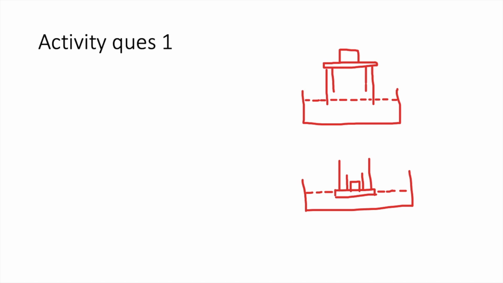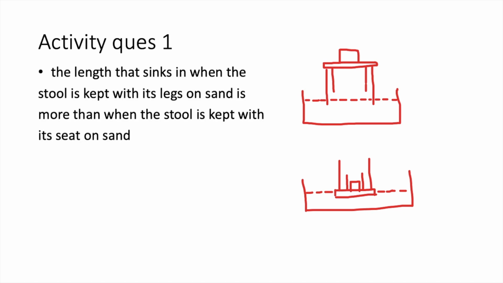Compare the two recordings. What do you find? The length that sinks in when the stool is kept with its legs on the sand is more than when the stool is kept with its seat on sand. Why? This happens because pressure is inversely proportional to area.